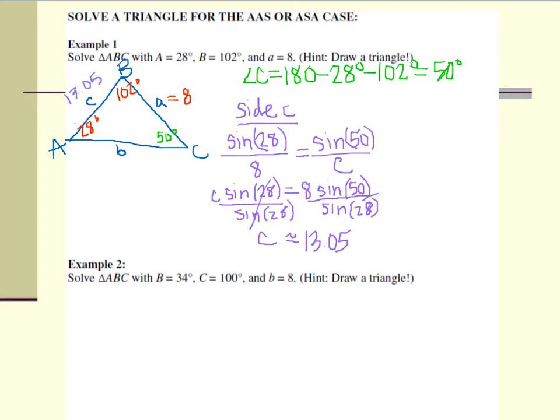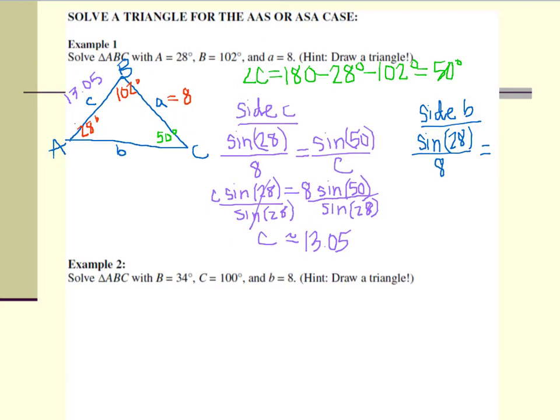My only other missing side is side b. So let's find b. To find b, we're going to write another proportion. We're going to use the original one that we knew, the sine of 28 degrees over the side opposite that, which is 8.